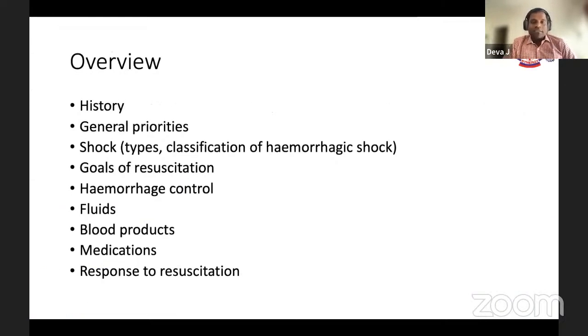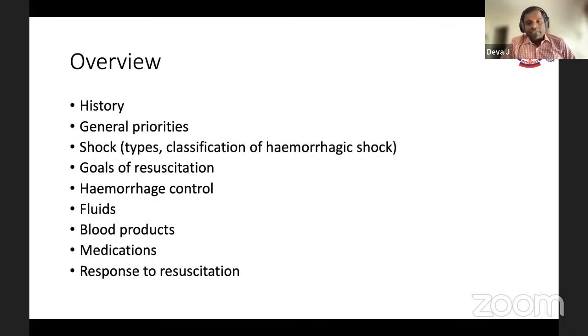Right. So this is the overview of my talk. We'll go through the history of trauma resuscitation and how it came about, because it is important to remember history. We'll go through the general principles of trauma resuscitation. It will be very useful for the postgraduates, if there are any in this meeting. We'll talk about shock, especially in trauma, and we'll classify hemorrhagic shock.